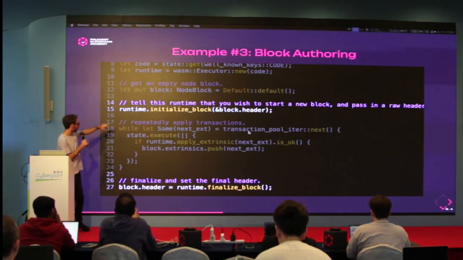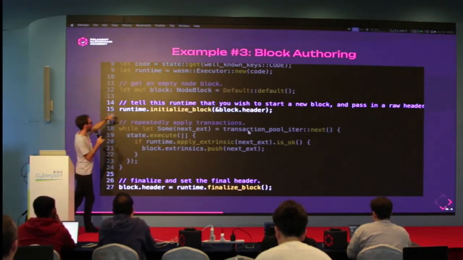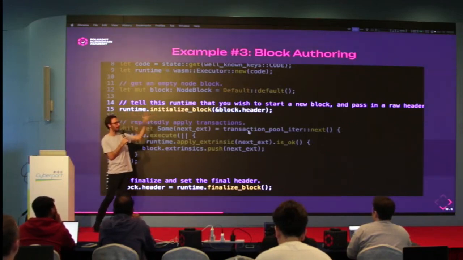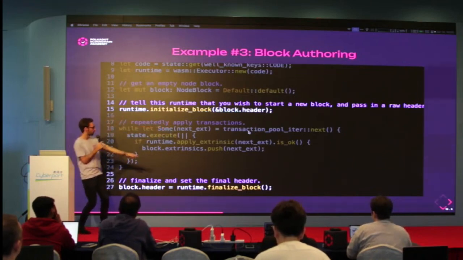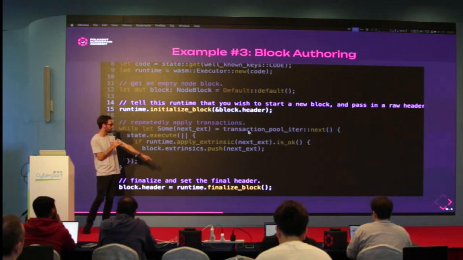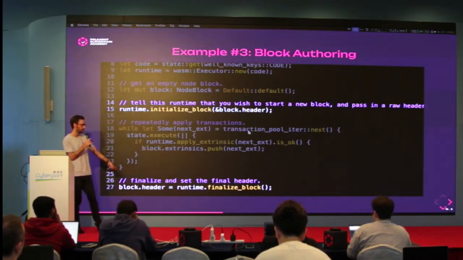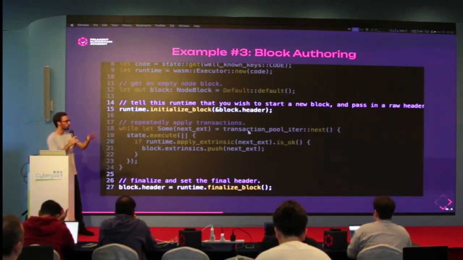Before we have this while loop and go into executing transactions one by one, we call another runtime API called initialize block, and we pass in an empty, raw header into it. Then there's another runtime API that we're supposed to call at the end of the block called finalize block, and this will return the final header for us. So this means that the task of updating the header and putting the right roots in it is actually part of the runtime's responsibility as well.